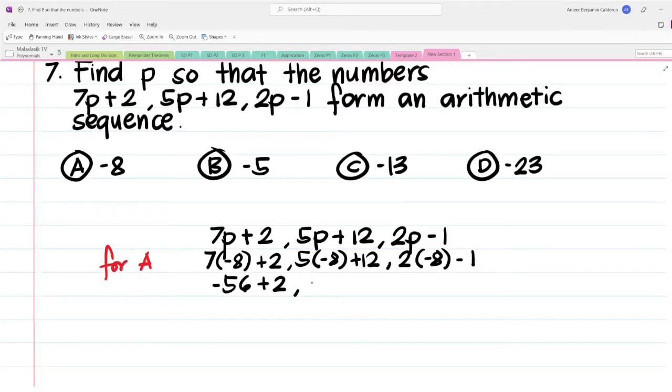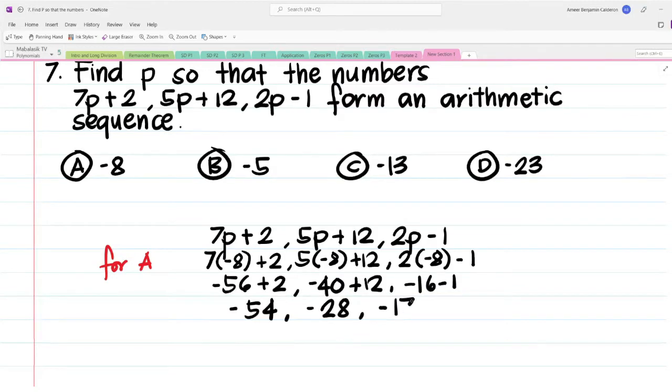We have here negative 40 plus 12. And we have negative 16 minus 1. So, negative 56 plus 2, that's negative 54. Ito na yung sequence. Negative 40 plus 12, that's negative 28. And then, negative 16 minus 1, that's negative 17.